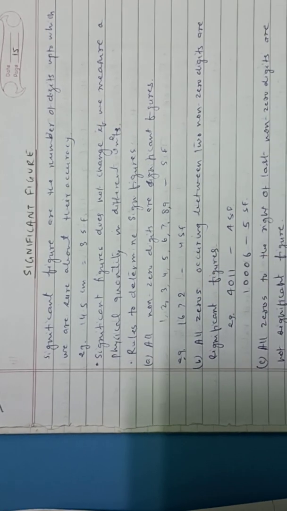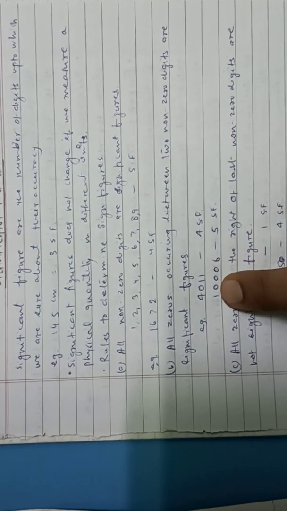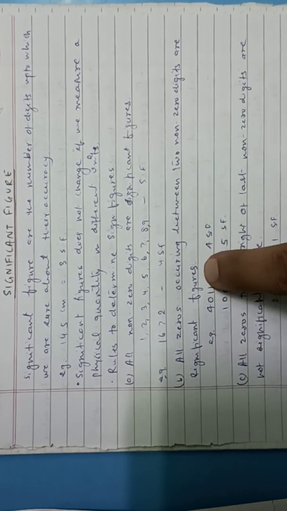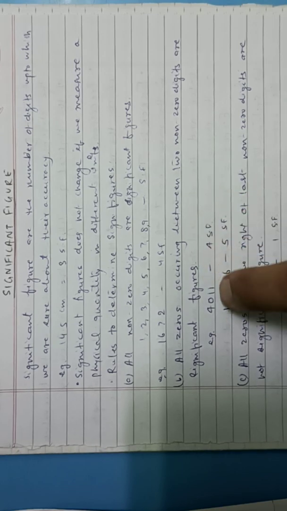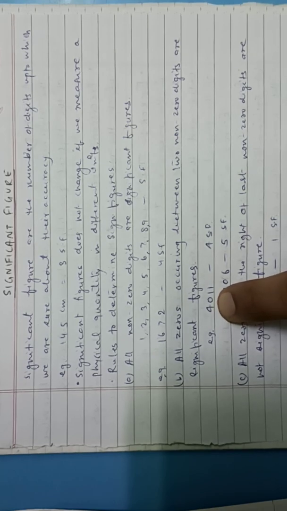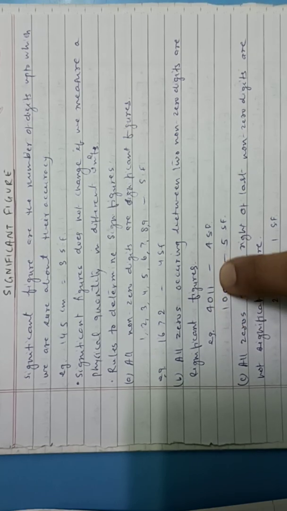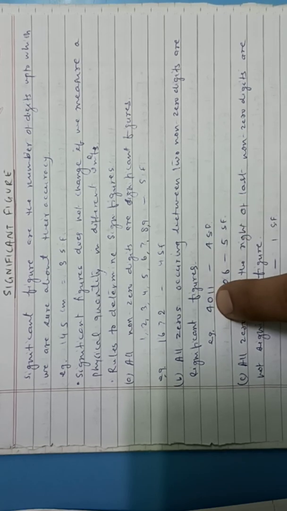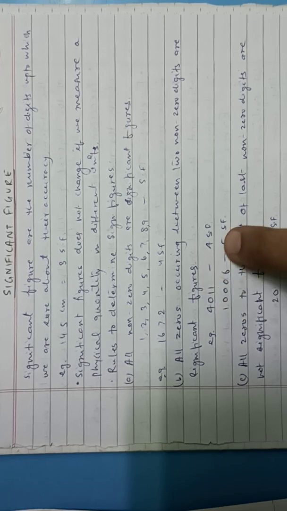Second rule: all zeros that occur between two non-zero digits are significant figures. For example, 4011 contains 4 significant figures, and the 0 occurs between 4 and 1, so the 0 is considered a significant figure.